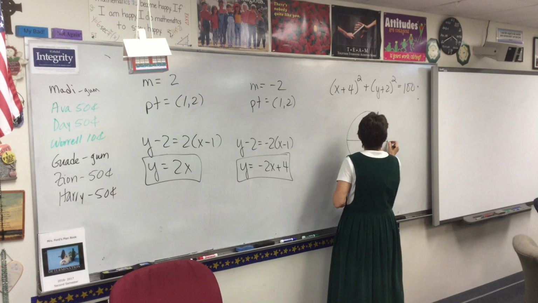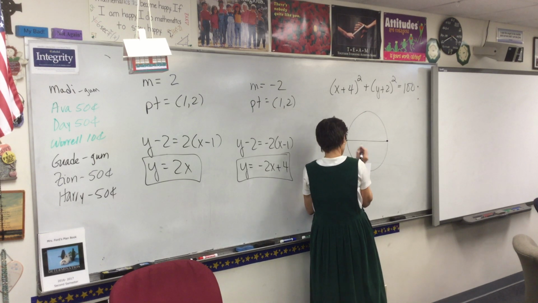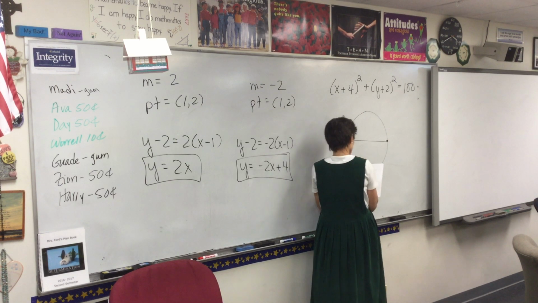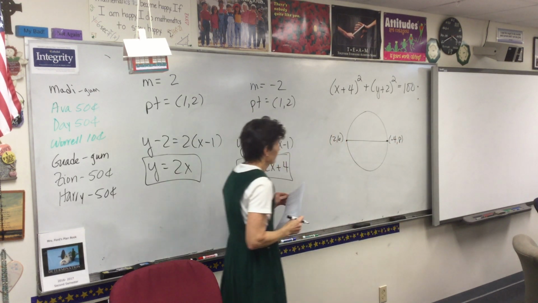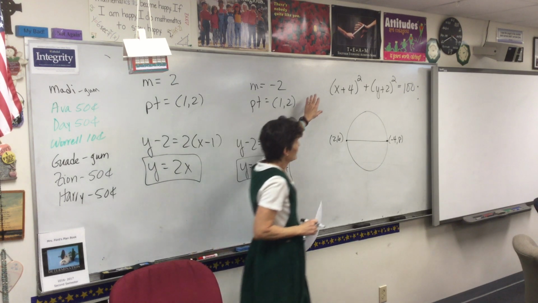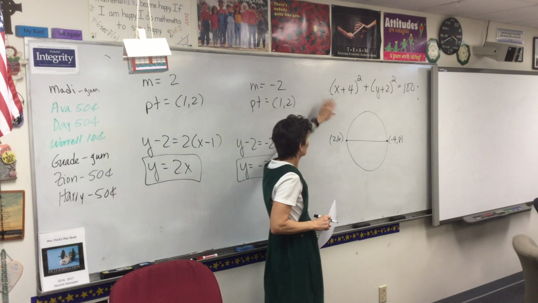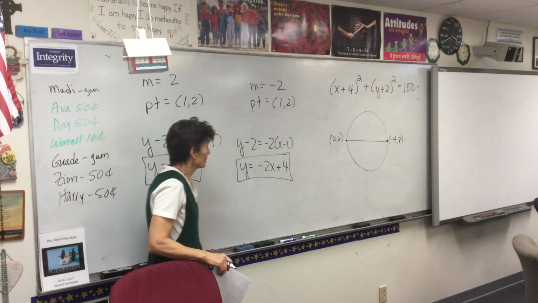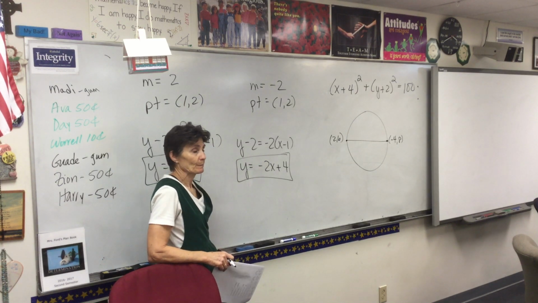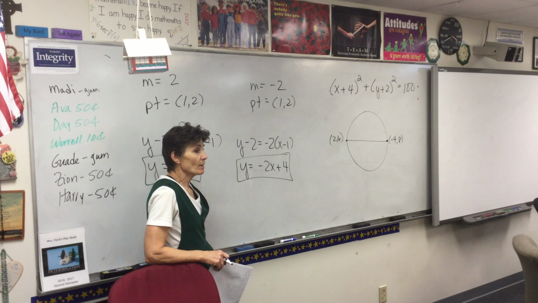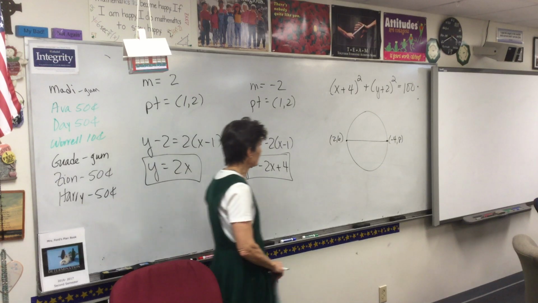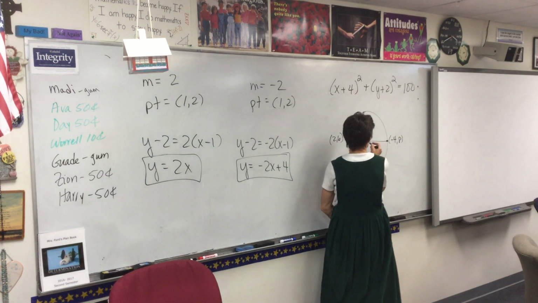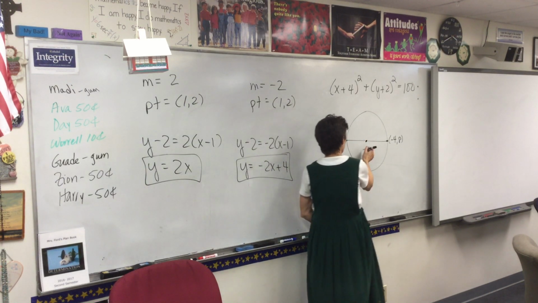We have a circle, and all we know is that its diameter has these endpoints. And you want to write the equation just like this. So what do you do? You add the x's and divide them by 2. So in other words, we have to find the center. And the center will be the midpoint, which is the average.